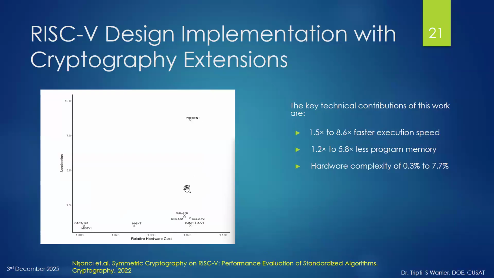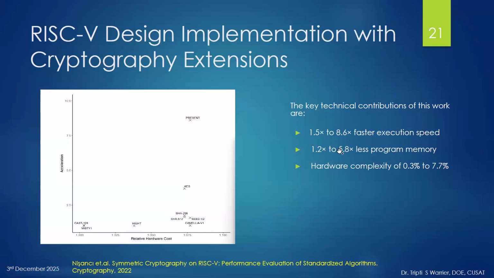Different applications require different subsets of instructions, and they have calculated it against that. So in this implementation of RISC-V with cryptographic extension, they have reported execution speed up from 1.5 times to 8.6 times.